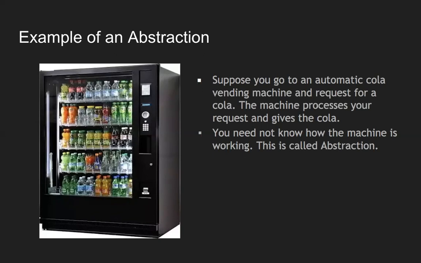Behind the scenes, it checks whether the money is sufficient and whether the selected number has stock, and then the output is that I get a bottle outside the vending machine. This is the mechanism of the vending machine. When I request a cola, I definitely do not need to know how the machine is working behind the scenes. This is called abstraction.